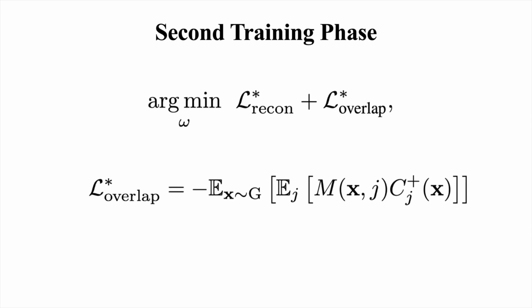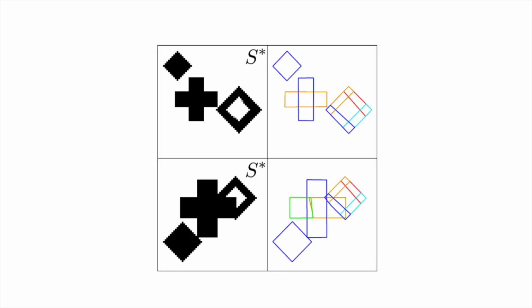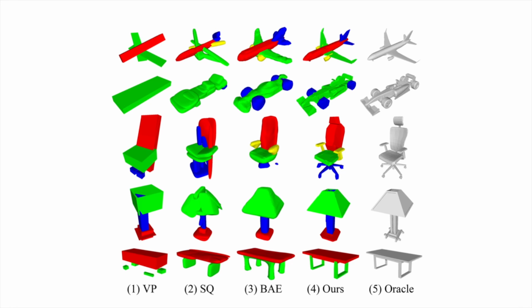Also, to minimize the overlapping of the learned convex sets, the authors propose to use this second loss function. They first calculate a mask M such that mxj equals 1 if x is in convex J and x is contained in more than one convex. After the second training phase, the authors showed that their outcomes do improve and are much better than before. So that's it. This is the whole picture of the model.